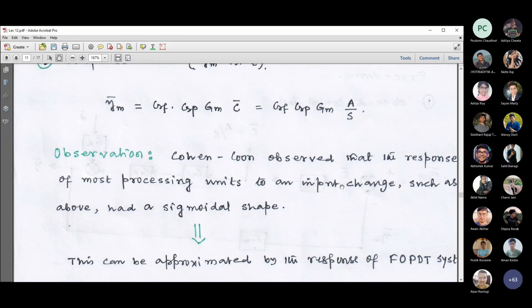Most chemical processes show a first order plus dead time, or sigmoidal, response if we introduce a step change in C bar. This is the most important observation they have made, or you can say they have approximated.